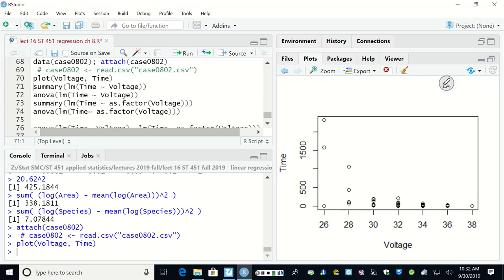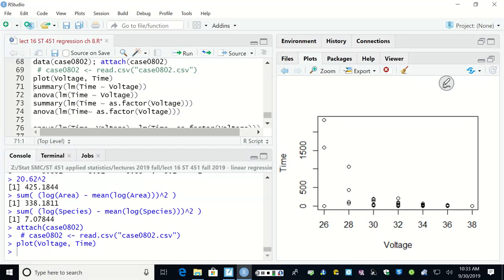Because you have multiple observations at each of these design points, you can do something more. Instead of fitting a linear regression to this, you can take the average at every point and essentially treat it like an analysis of variance, where you'd have these 1, 2, 3, 4, 5, 6, 7 groups and get 7 means instead of fitting a regression surface.